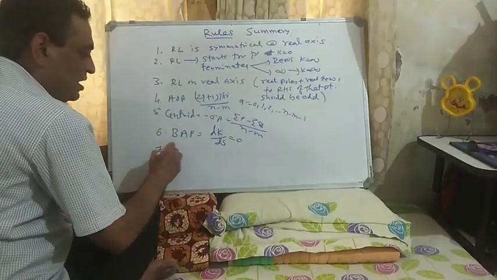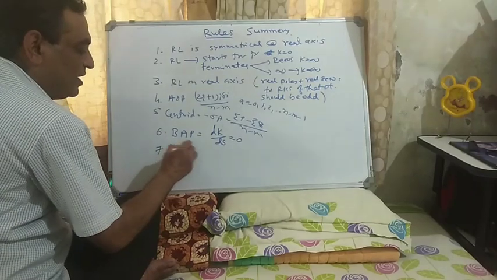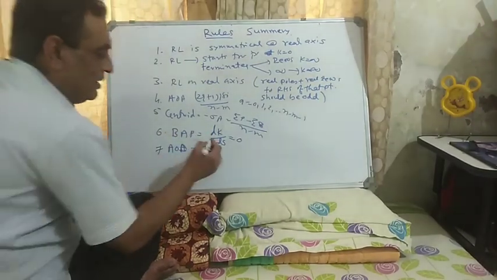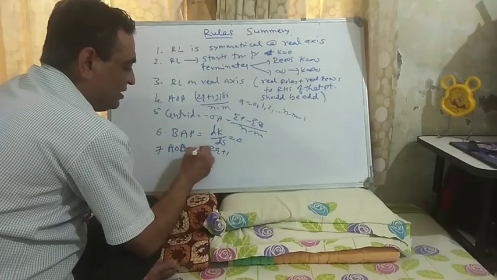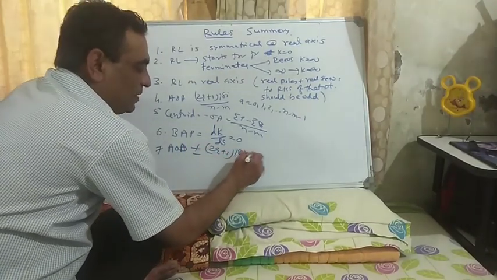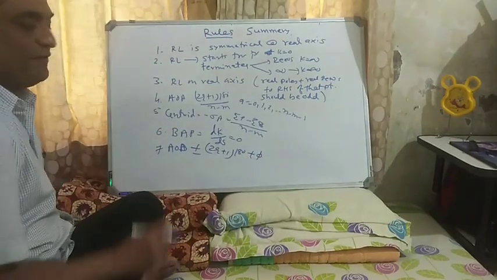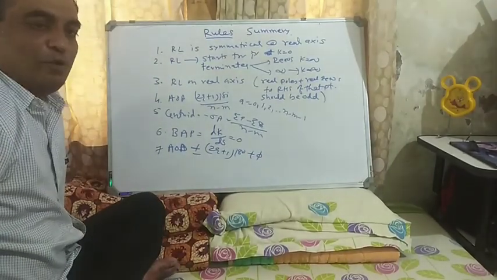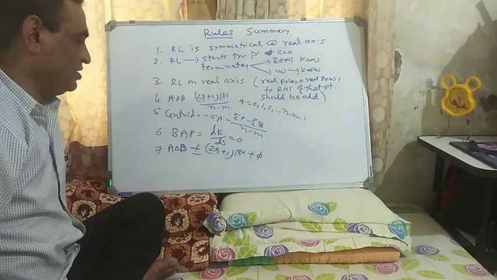Then the angle of departure from a complex pole, that is plus or minus (2q plus 1) into 180 plus phi, where phi is the net angle contribution to that open loop pole from all other open loop poles and zeros.